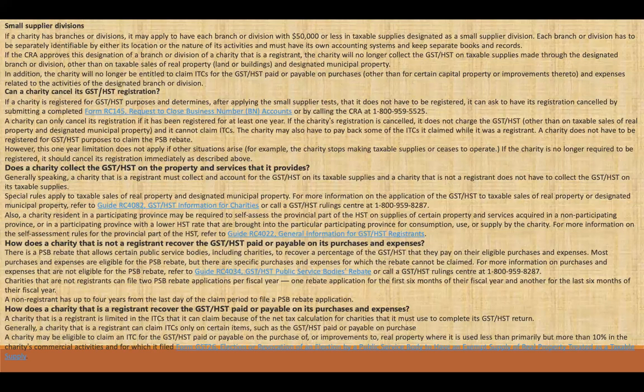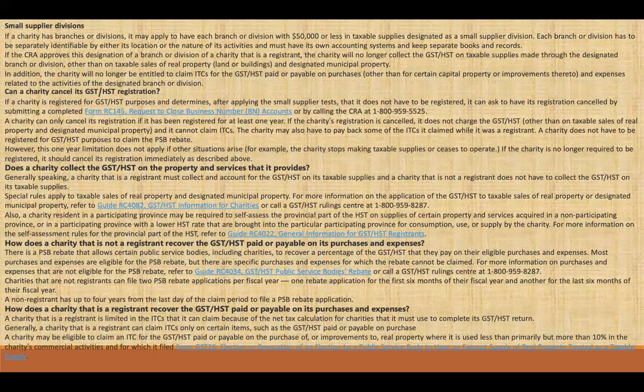However, special rules apply to taxable sales of real property and certain municipal property. So how does a charity that is not a registrant recover the GST or HST paid or payable on its purchases and expenses?